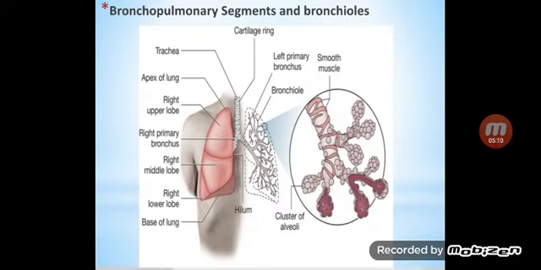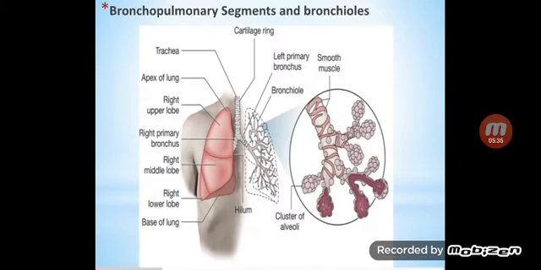There is no cartilage in the bronchioles. When I talk about bronchi, primary, secondary, tertiary, all of them contain cartilage in their wall, but the bronchioles lack cartilage in their walls. In addition, they are less than 1 millimeter in diameter.